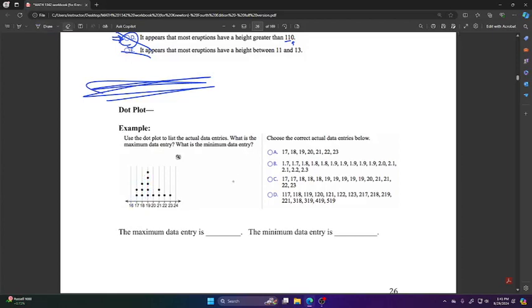Okay, so looking at this data, they say, which of these is it? So I have 17s all the way to 23s. Does this look good to you? Nah. 1.7? No. I got 17s, 18s. 117, 118? No. Okay, so it's between these two guys.